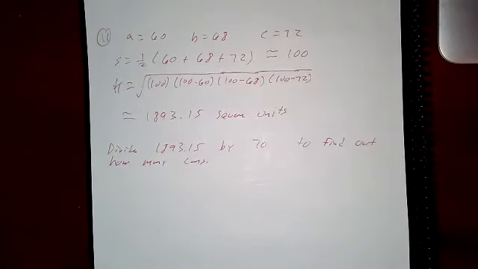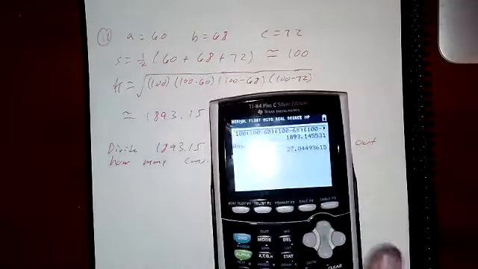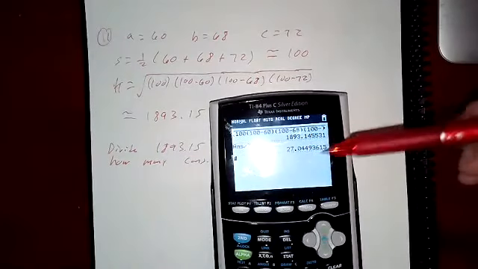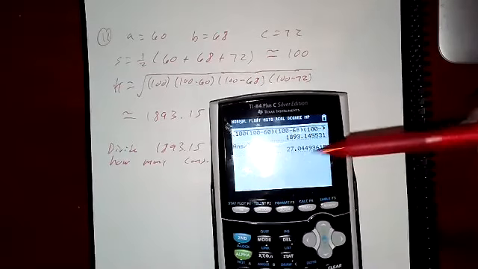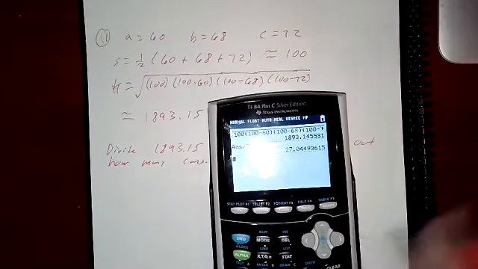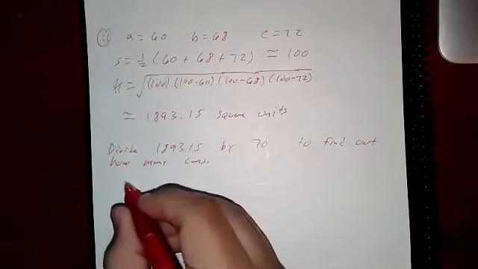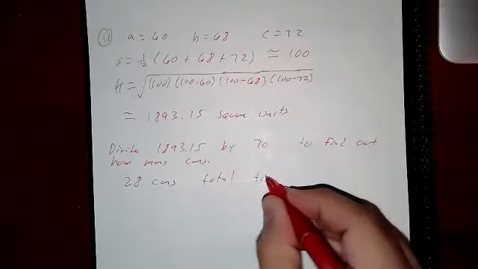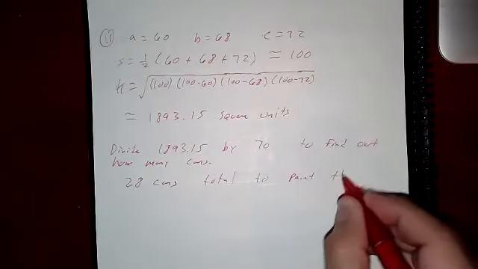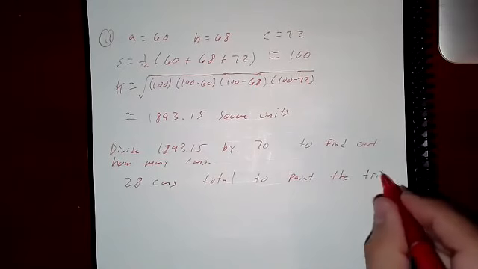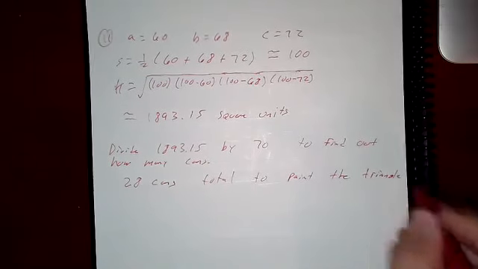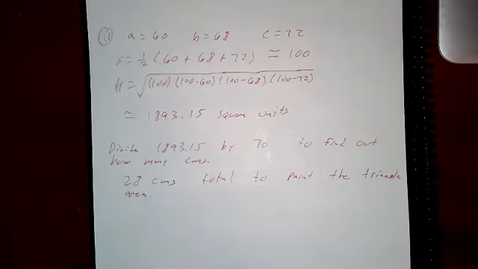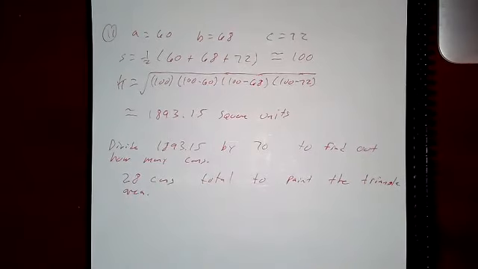So it appears to be 27.04 cans, but there is no such thing as a 0.04. So I got to open a 28th can to finish, right? So 28 cans total to paint the triangular area. Any questions on number 11?